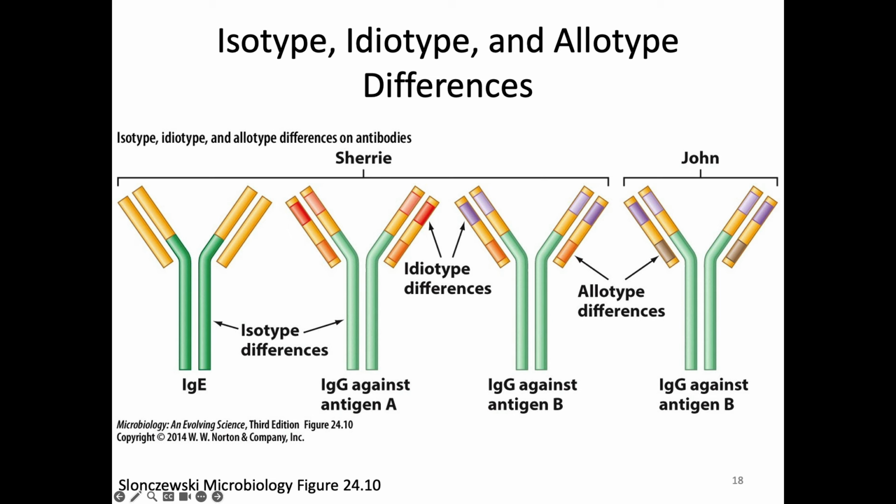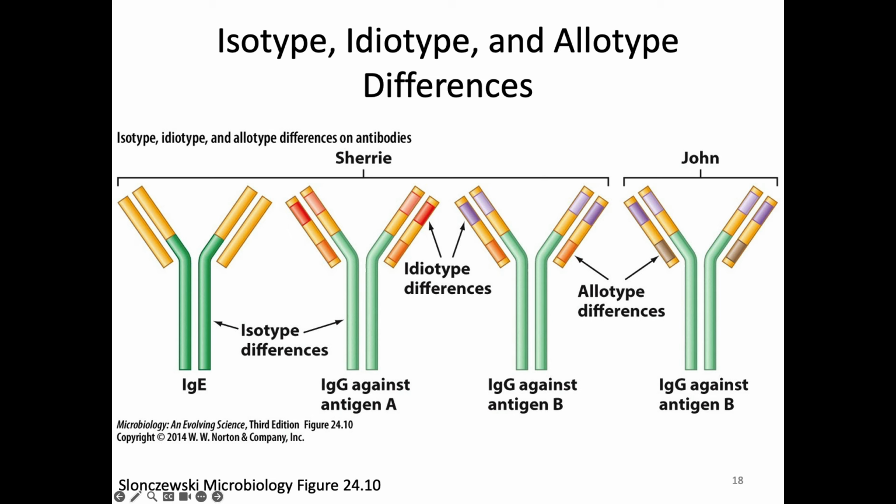And so you can see that's the same difference I was showing you before, which is the difference between isotypes. If I was drawing this slide, I would have made this constant region a different color, maybe darker, like purple or something, to indicate the difference between IgE and IgG. But they didn't do that.